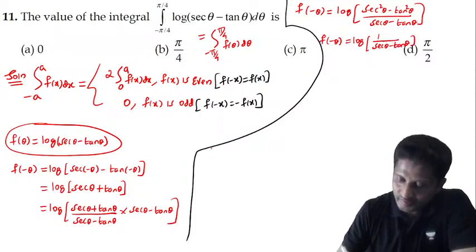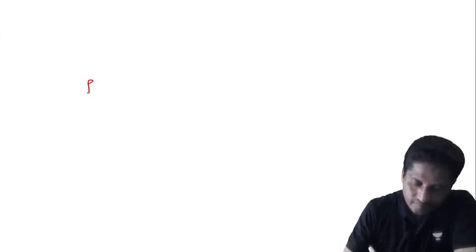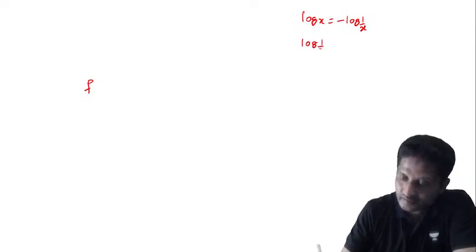Now whenever you have, suppose, log x, it should be equal to minus log 1 by x. Or if I have log 1 by x, that is equal to minus log x.